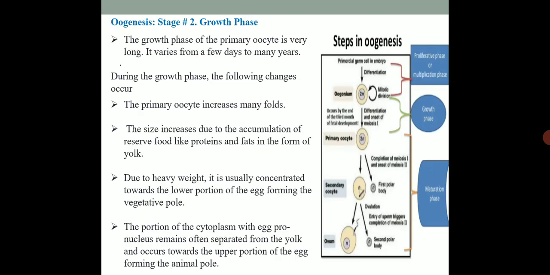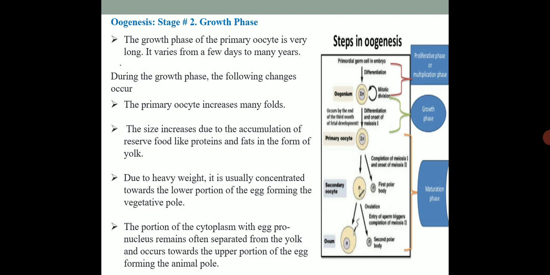This picture clearly shows the different phases. The first one is the primordial germ cells, which undergo division, and then you can see the formation of oogonia. This is the proliferative phase, also called the multiplication phase.